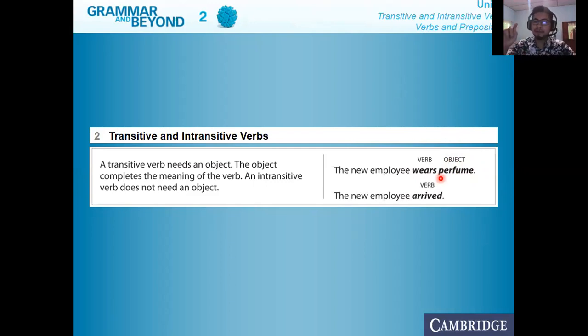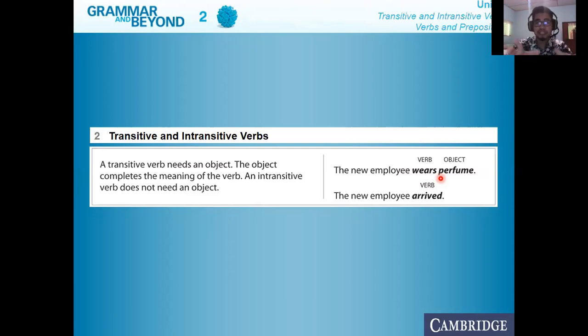Let's take a look at some examples with an intransitive verb. The new employee arrived. Question the following. With the verb arrived, in this case, we are talking about a verb in past. But can we answer the questions what or who with this verb in this form? Probably not, right? We can't. We can say, for example, he arrived, but the question that you may ask is when.